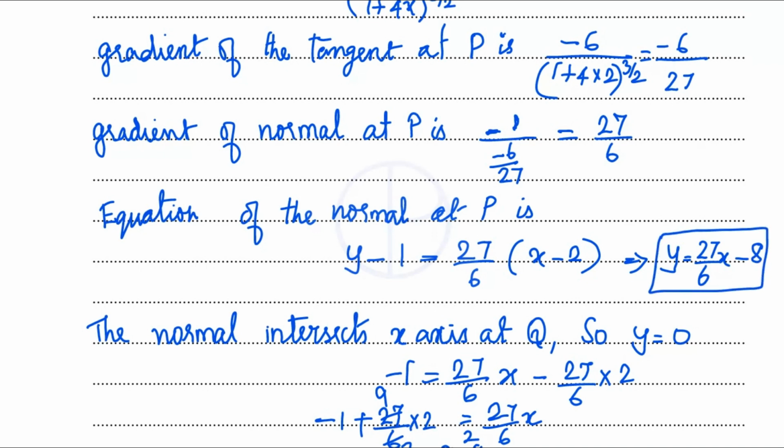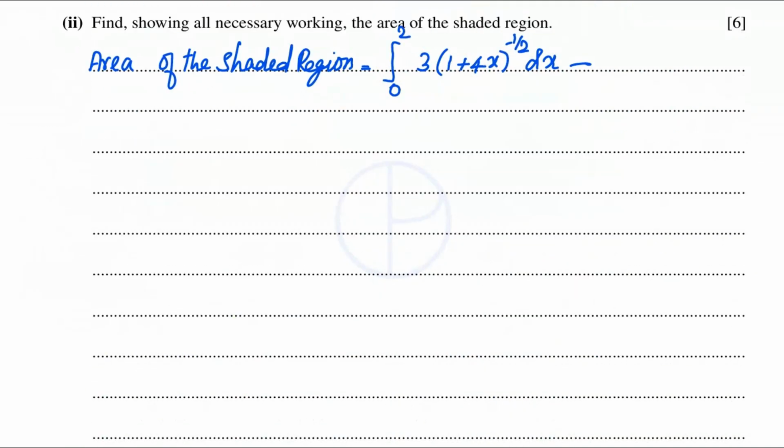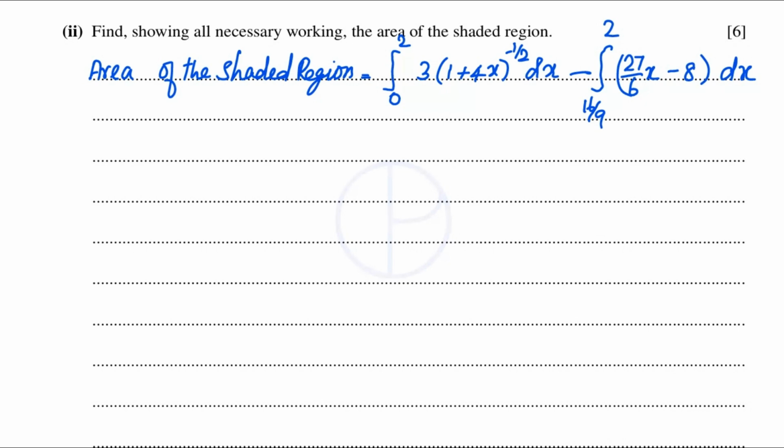So this is the equation of the normal. 27 divided by 6 can be simplified as 9 over 2, so let's write this as 9 over 2.